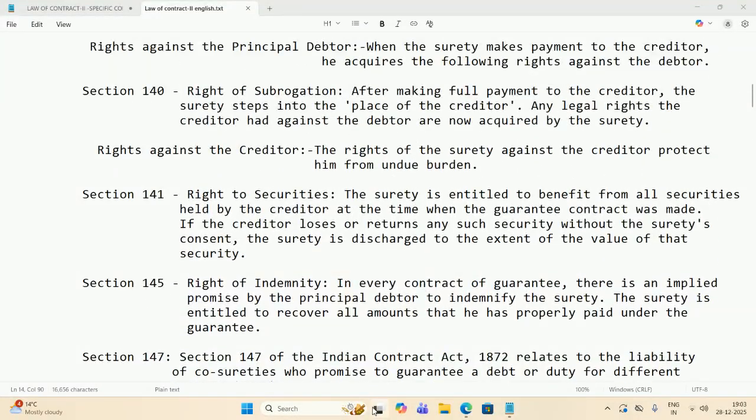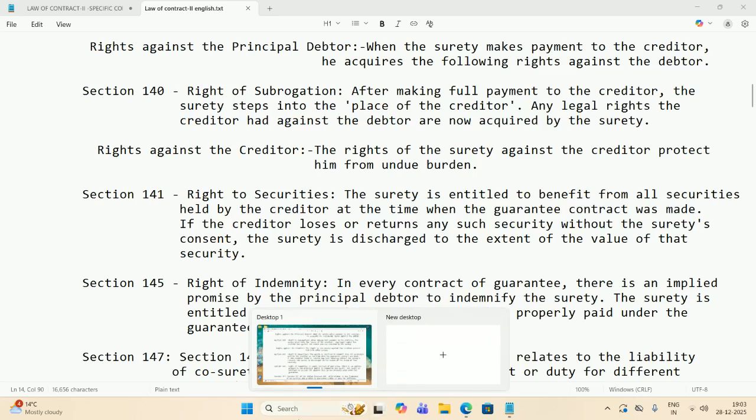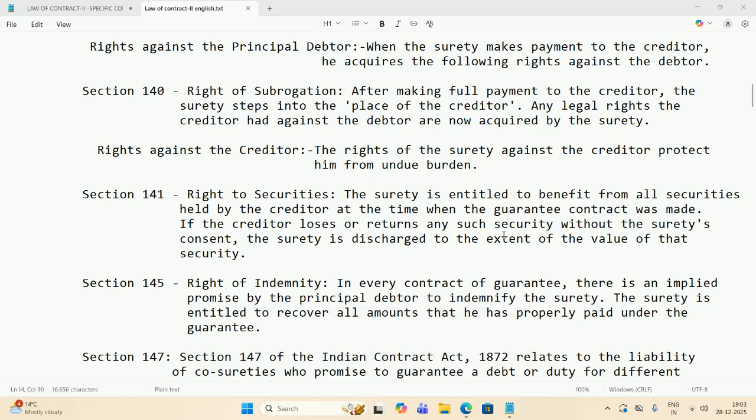Now coming to section 141, rights to securities. The surety is entitled to the benefit from all securities held by the creditor at the time when the guarantee contract was made. If the creditor loses or returns any such security without the surety's consent, the surety is discharged to the extent of the value of that security.